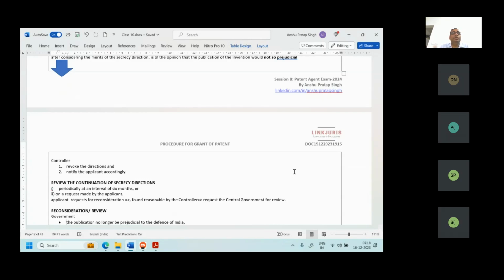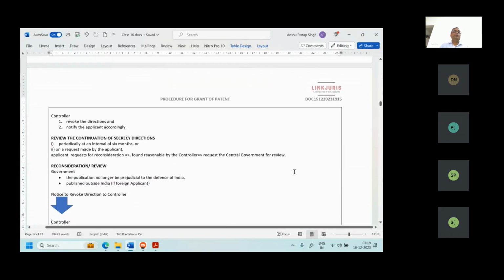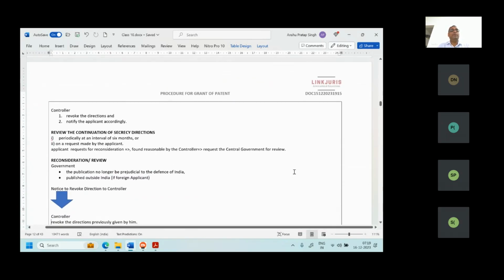If the secrecy direction is continuing, it will be periodically reviewed every 6 months, or you can request for the secrecy direction to be revoked. If you ask for reconsideration and the controller finds it reasonable, he will inform the central government for review, and on reconsideration the government can re-evaluate whether the secrecy direction is still required or not. Then it can give notice to the controller to revoke the direction.